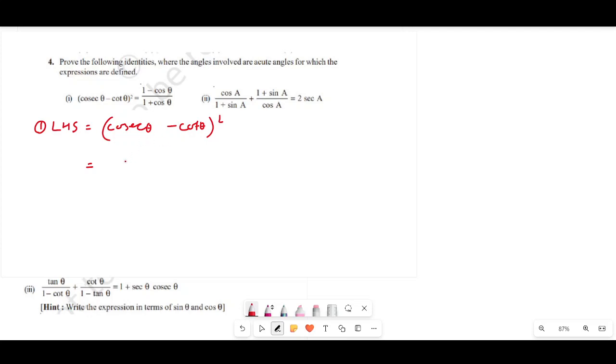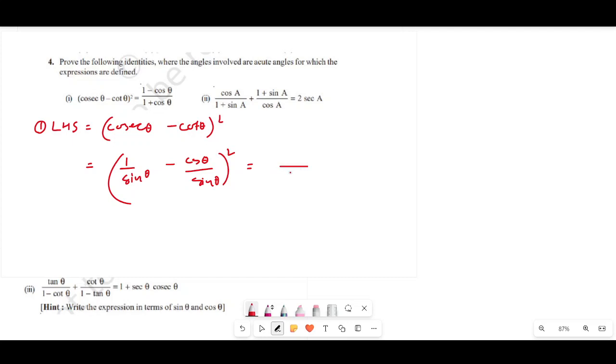We can simplify with the help of the reverse formula, 1 by sin theta, and we can write cos theta upon sin theta. Clear? Now, what will be the value? We can simplify first.